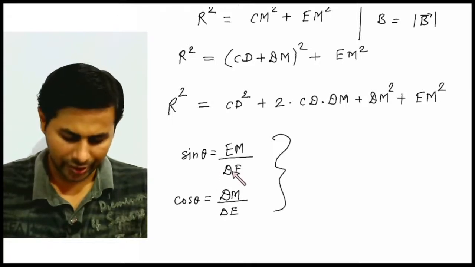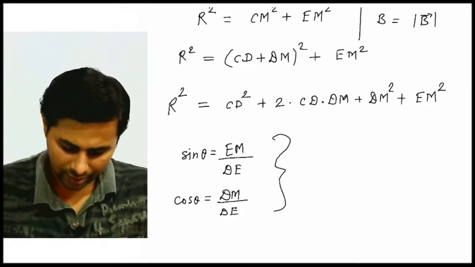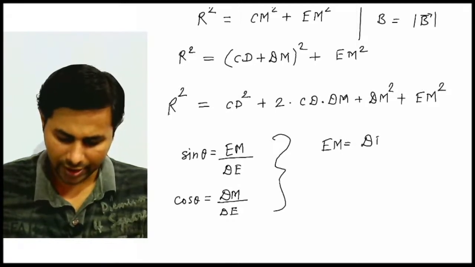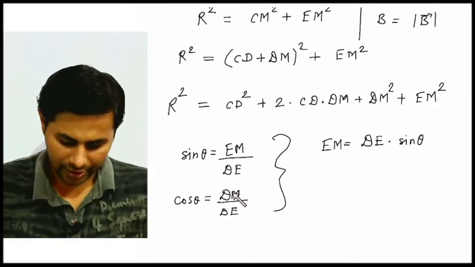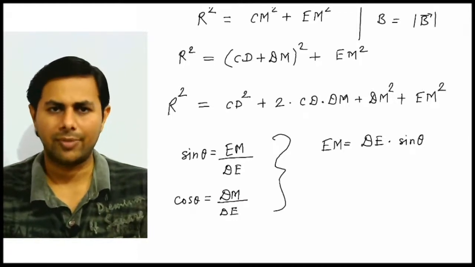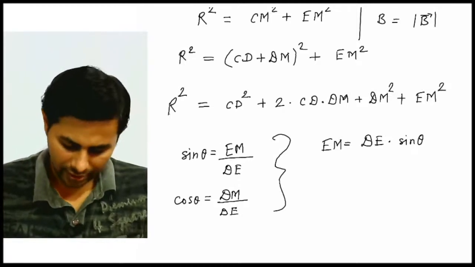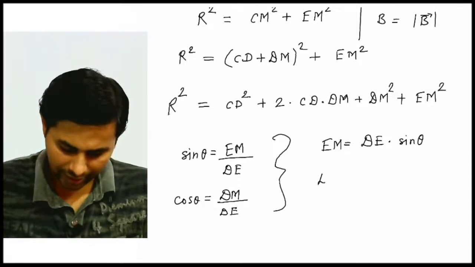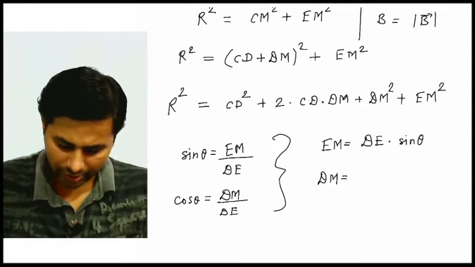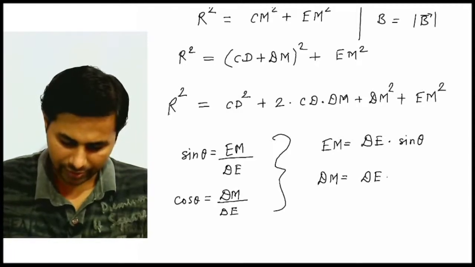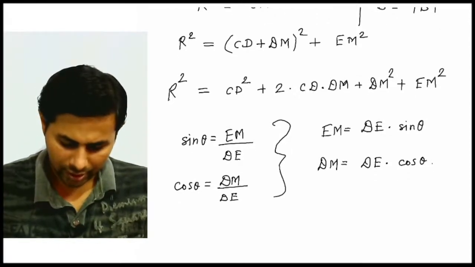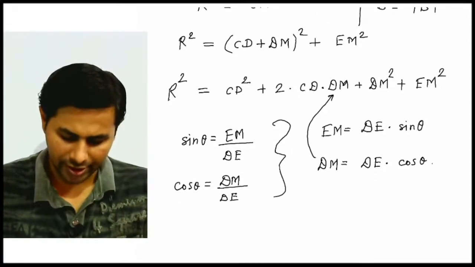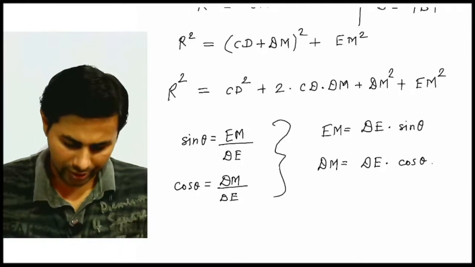If I take this DE on the other side, EM equals DE multiplied by sine theta, and DM equals DE multiplied by cos of theta. Now let's substitute it in this equation.